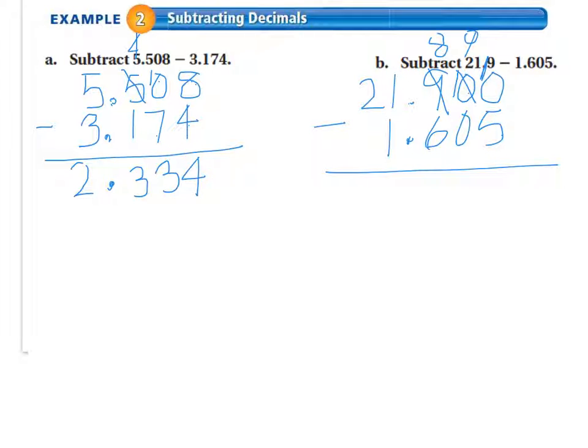So I have 10 in the thousandths place. 10 minus 5 is 5. 9 minus 0 is 9. 8 minus 6 is 2. Bring that decimal straight down, and 1 minus 1 is 0. 2 minus nothing is 2. 21.9 minus 1.605 equals 20.295.